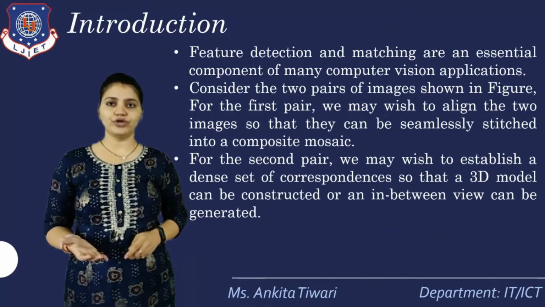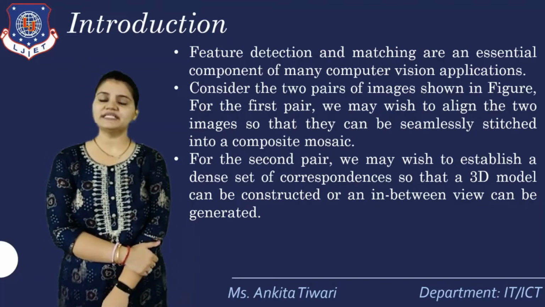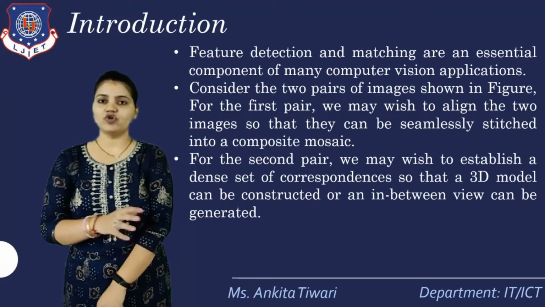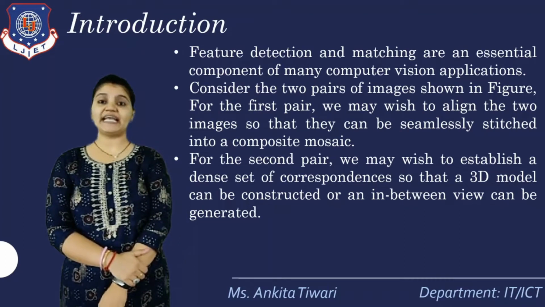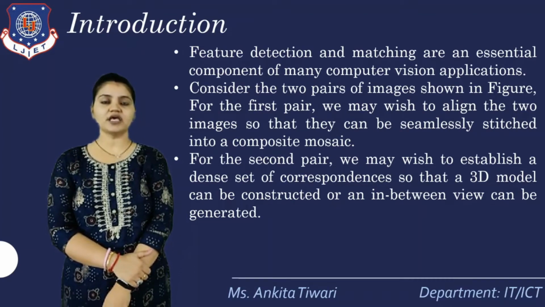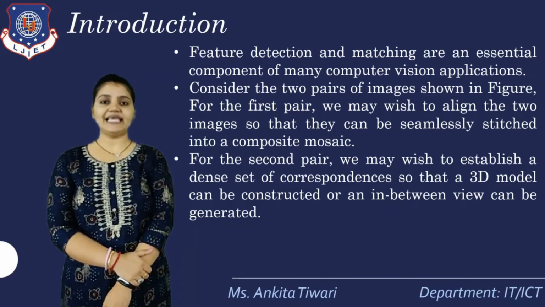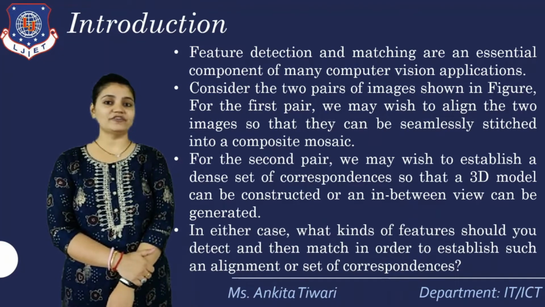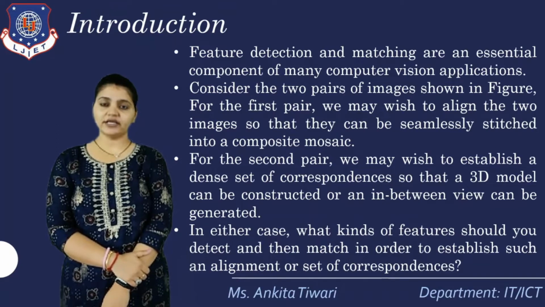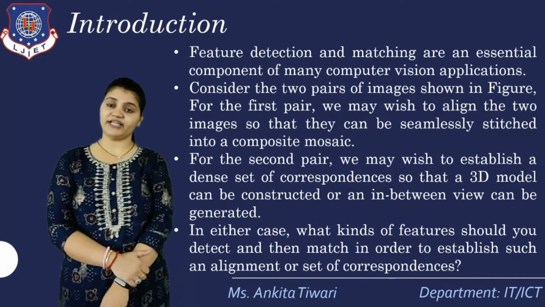For the first pair, we may wish to align the two images so that they can be seamlessly stitched into a composite mosaic. For the second pair, we may wish to establish a dense set of correspondences so that a 3D model can be constructed, or an in-between view can be generated. In either case, what kinds of features should you detect and then match in order to establish such an alignment, or set of correspondences?